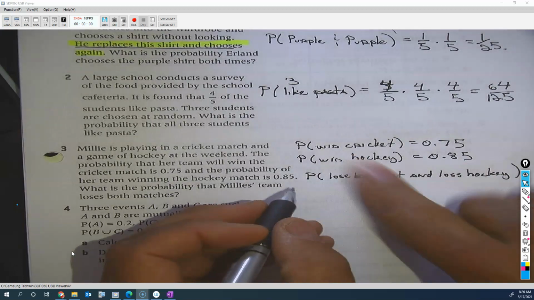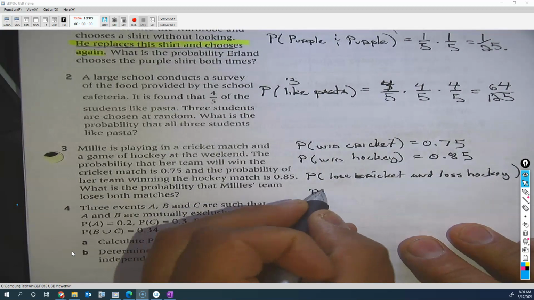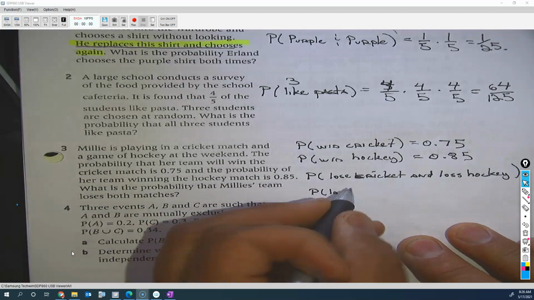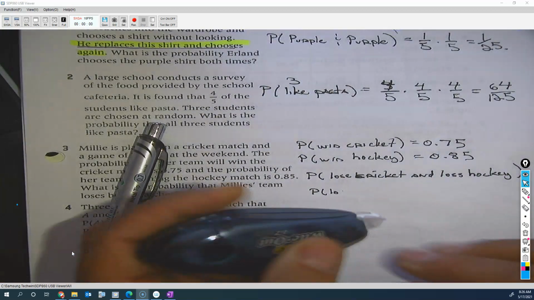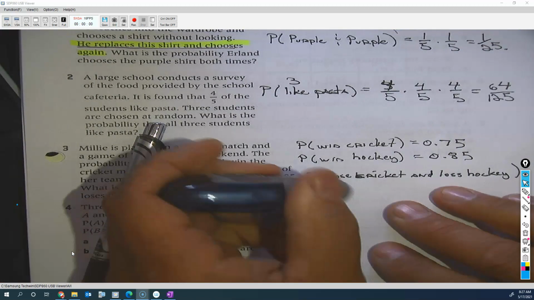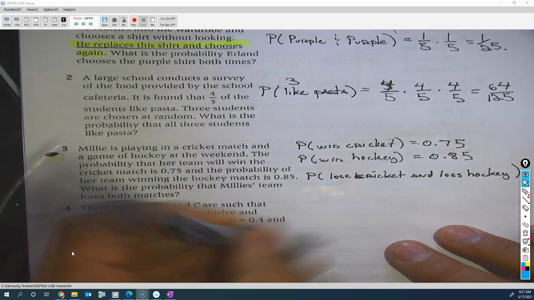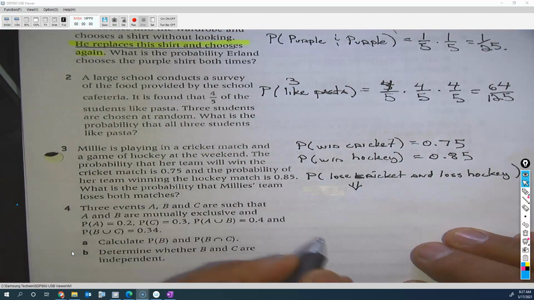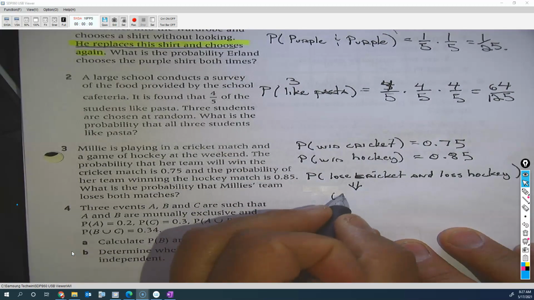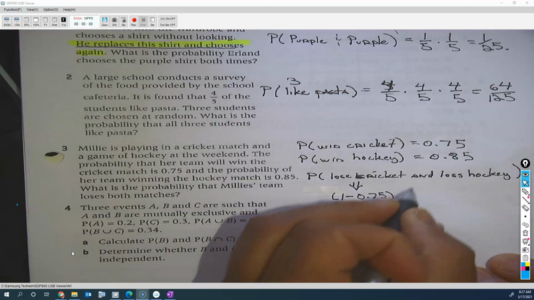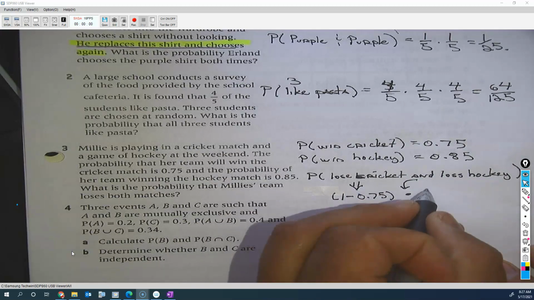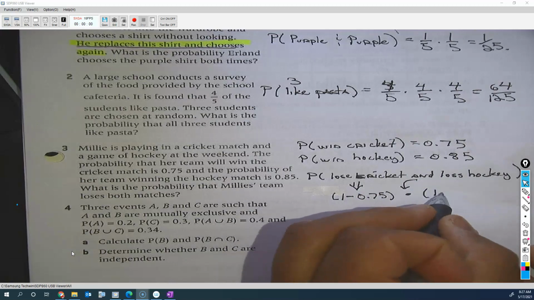Okay, so the probability of losing is 1 minus 0.75, times the probability of losing hockey, which is 1 minus 0.85.